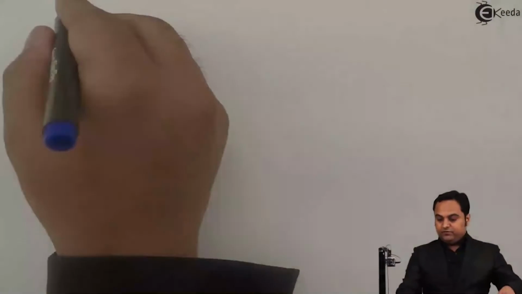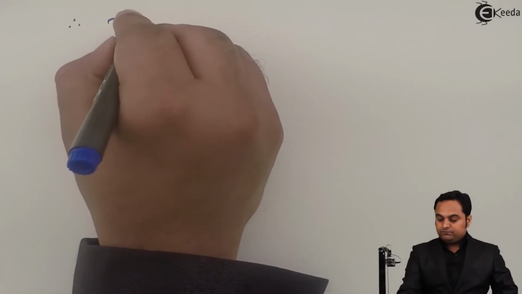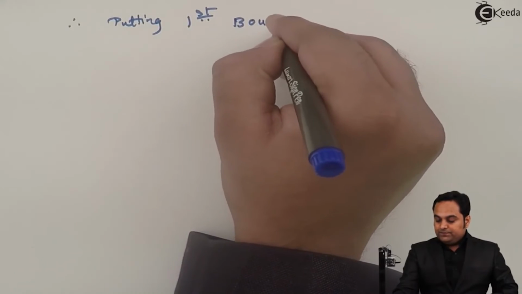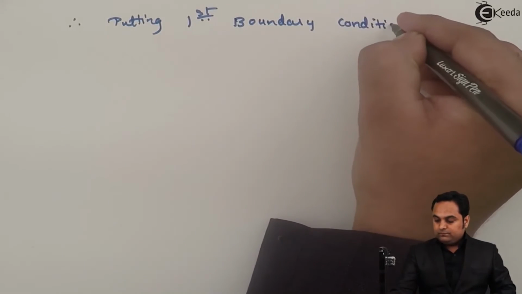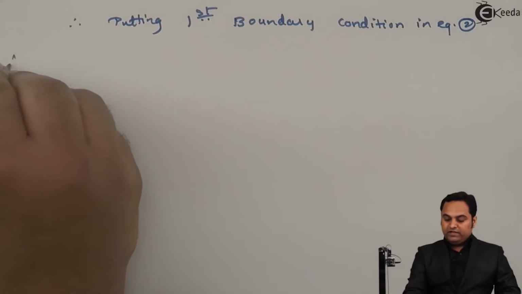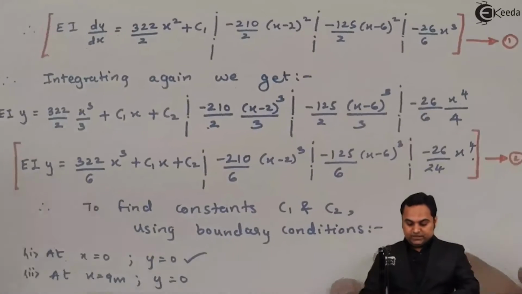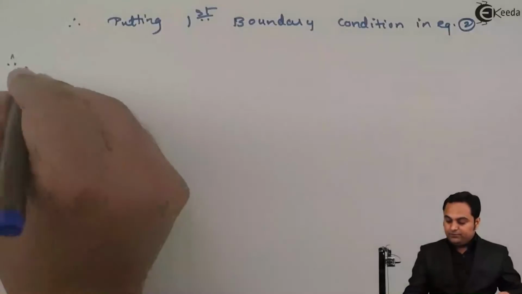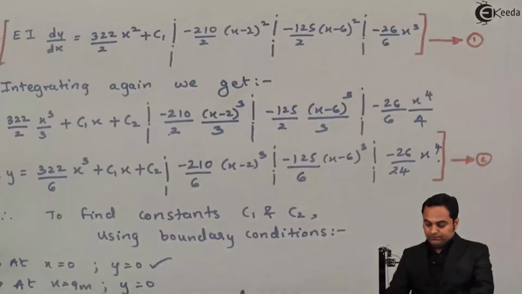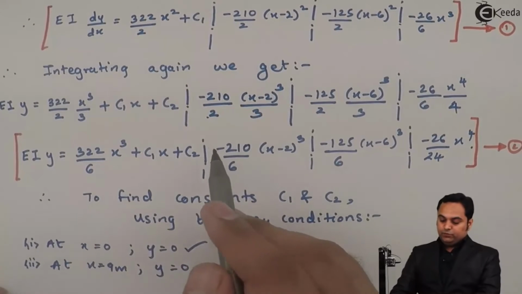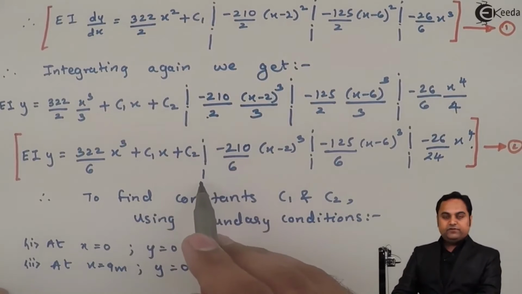So therefore putting first boundary condition in equation second. So we have at the first boundary condition y value is 0, so left hand side becomes 0, it's equal to, now over the right hand side for the first boundary condition we have to put the value only up to the first section.